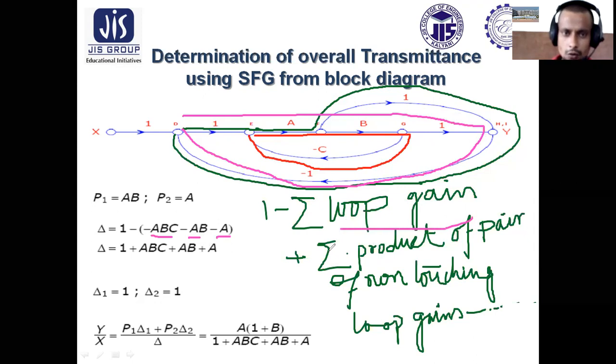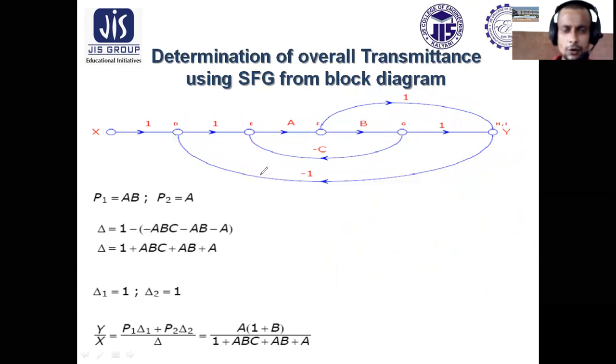Now, plus the product of pairs of non-touching loop gains. Can you tell me whether there is any non-touching loop gain pair or not? That means if we take two loops at a time, is there any combination of two non-touching loops? No. In terms of nodes, one loop is E, F, G, E.